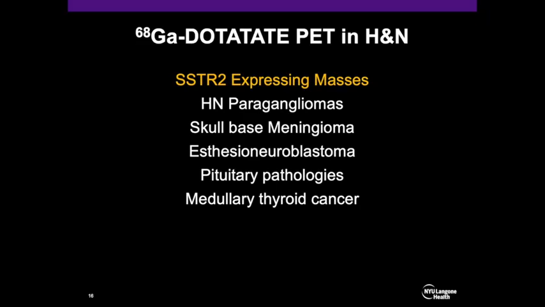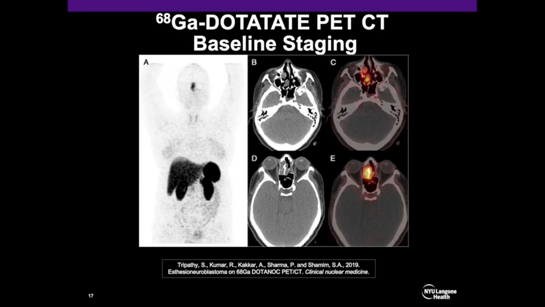Those are the head and neck paragangliomas, skull base meningiomas, esthesioneuroblastoma, pituitary pathologies, and the medullary thyroid cancer. Let's have a closer look at esthesioneuroblastoma, which is our topic. This is a dotatate PET-CT done as baseline staging. The lack of brain cortical activity creates an excellent lesion to background ratio and identifies only the site of the disease.